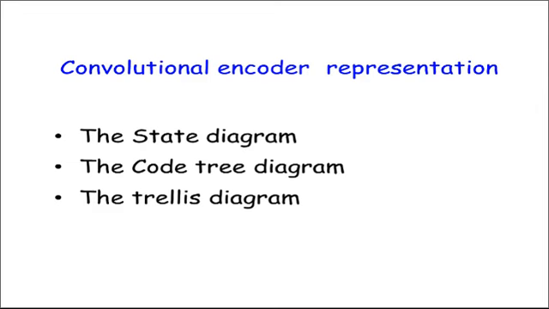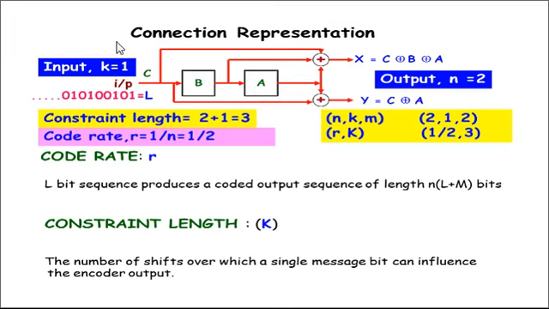Now let's look at how we can determine the values of k, n and m for any convolutional encoder. For that, let's proceed with the connection representation. Let's say this is one of the convolutional encoders. In this encoder, k is equal to 1.